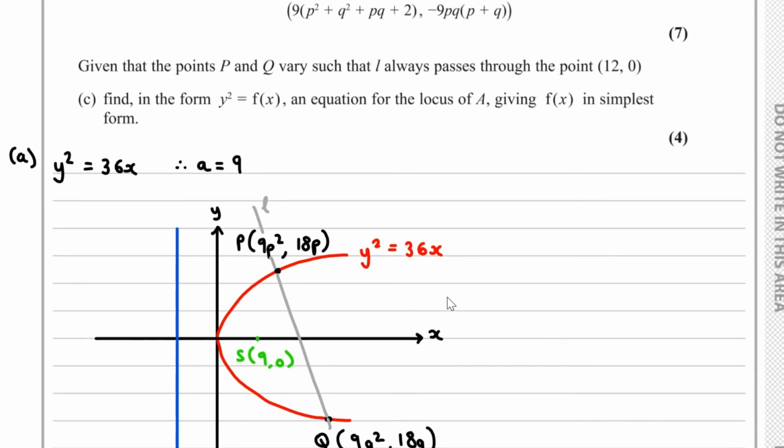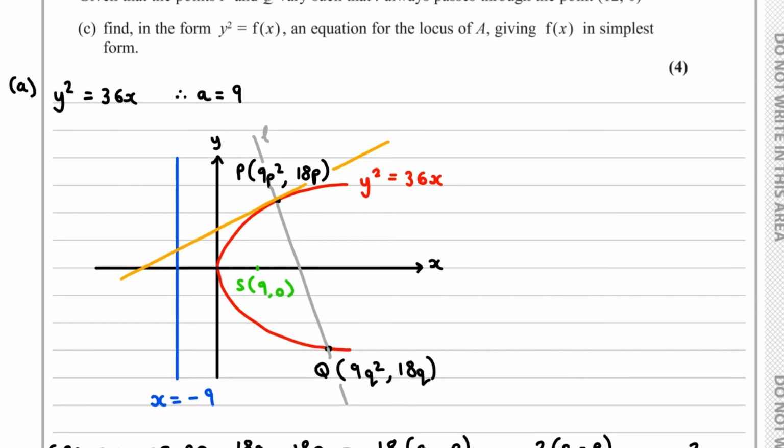Well, if we go back to our diagram and amend it, over here somewhere we would have the tangent at the point P, okay? And over here somewhere we would have the tangent at the point Q. And now what we need to do is find the normals of those. So, let's just label these.